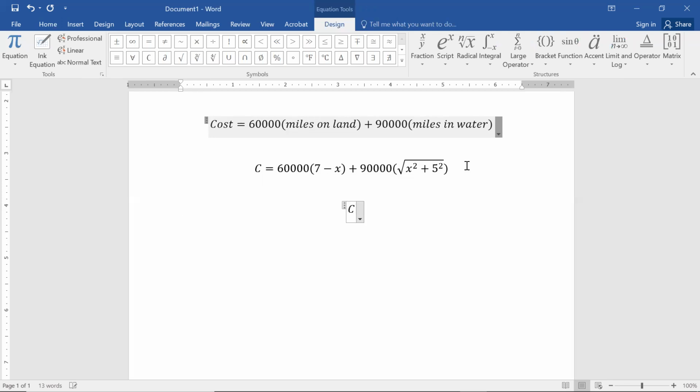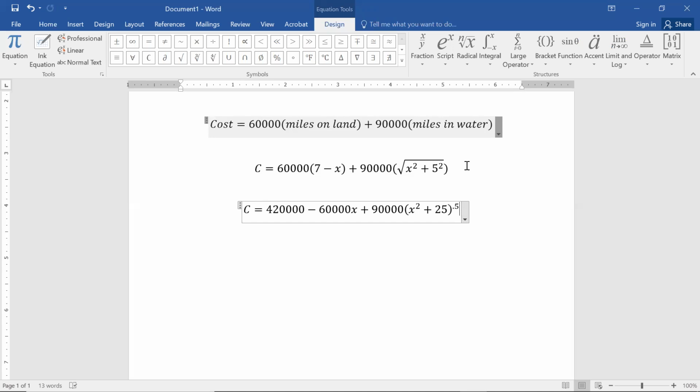My cost function here, 60,000 times 7 is 420,000 minus 60,000 times x plus 90,000 multiplied times x squared plus 25 to the 1/2 or 0.5 power.